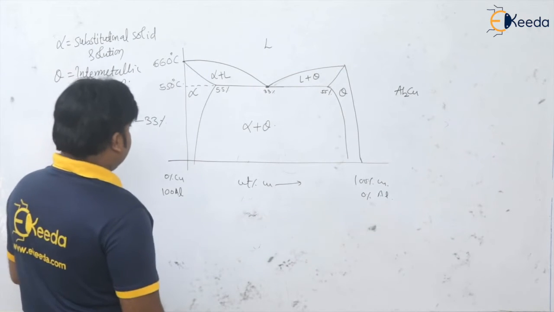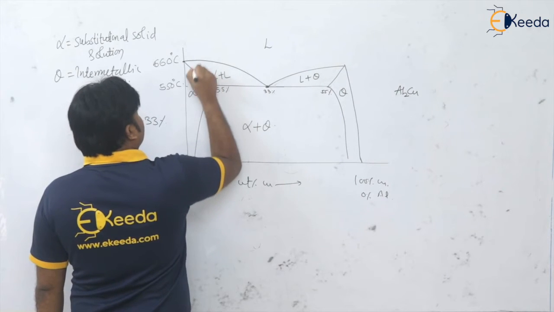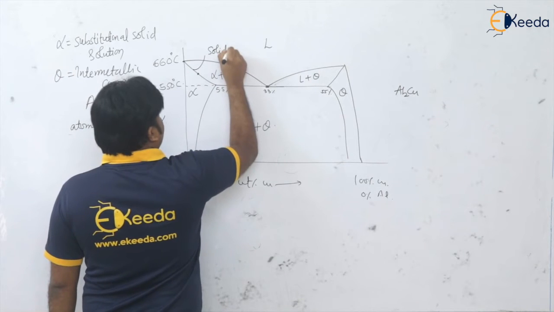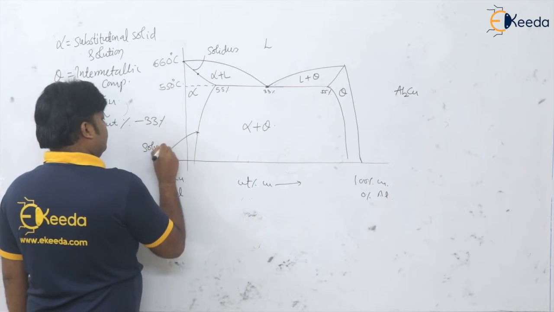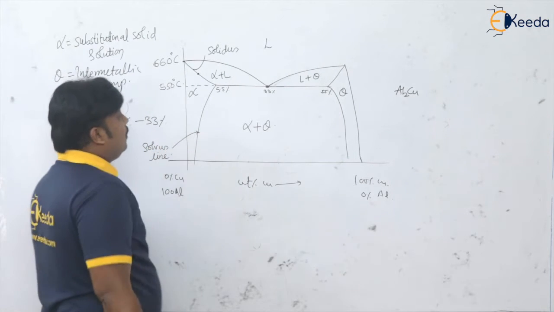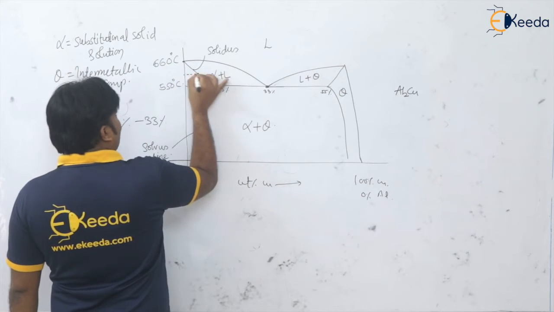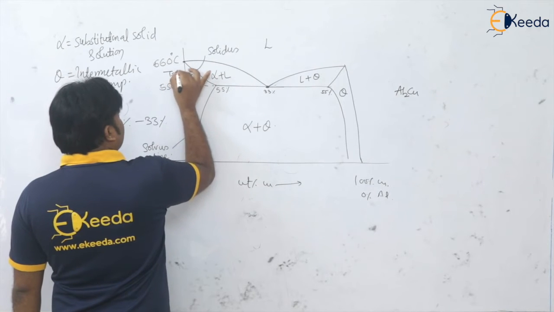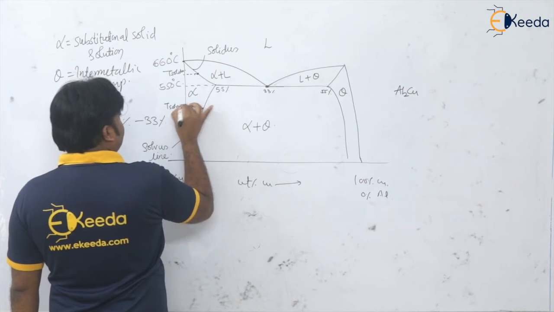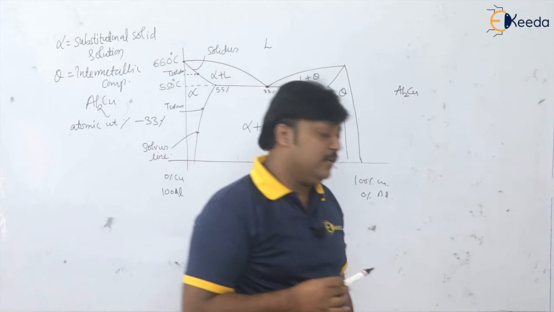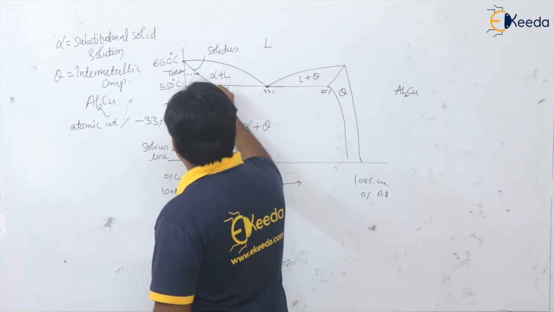So see here, we have this line. This is the solidus line. And this line is the solvus line. Suppose this temperature is T solidus, and this temperature is T solvus. We have this alloy here, and let us say my alloy is at this temperature.